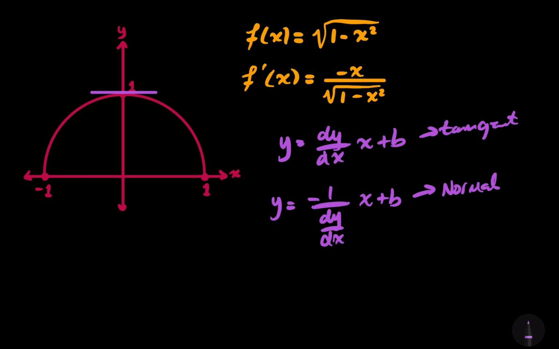And if we wanted to prove that, here we have the derivative f prime of x, which we got in the previous video when we used this example. To determine the equation of the tangent line at this point, we can input f prime of 0, because that's going to be the slope of our tangent line at x equals 0. So f prime of 0 will just be -0 over the square root of 1 minus 0 squared, which is just 1. And so this is going to be equal to 0.